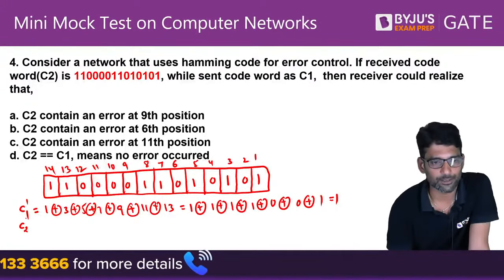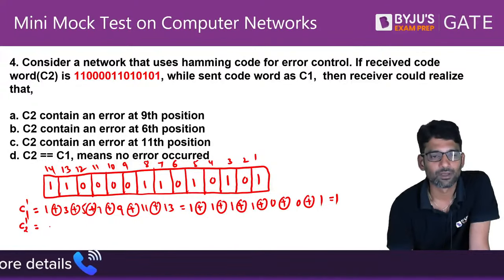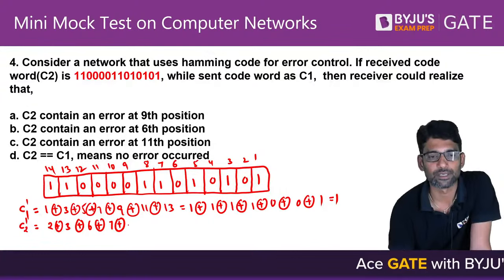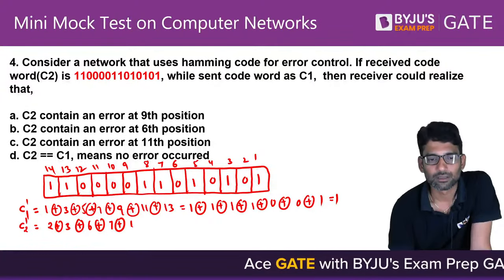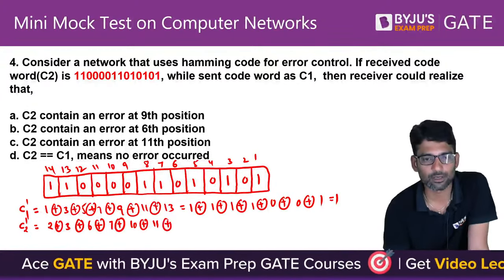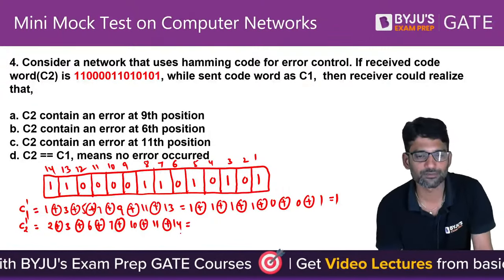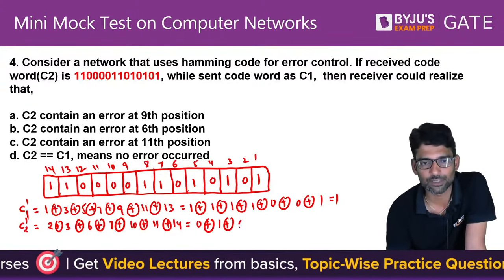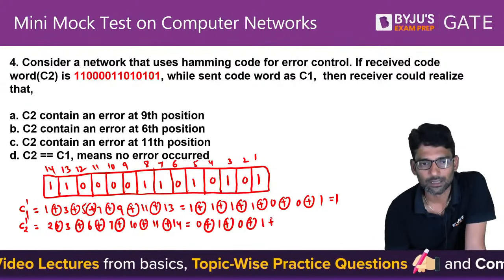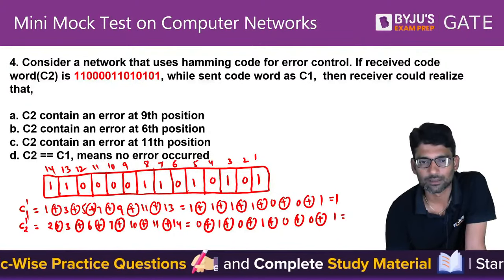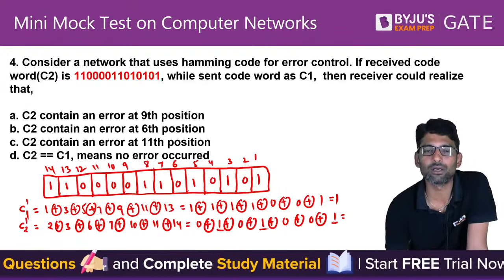What about C2 dash? C2 dash is 2 XOR 3, then leave 2, 6 XOR 7, again leave 2, 8, 9 you leave, 10 XOR 11, again you leave 2, 12, 13, XOR 14. So these position bits we have to XOR. So second position 0, third position 1, sixth position 0, seventh position 1, 10th position 0, 11th position 0, 14th position 1. 1, 2, 3 ones, odd number of ones.